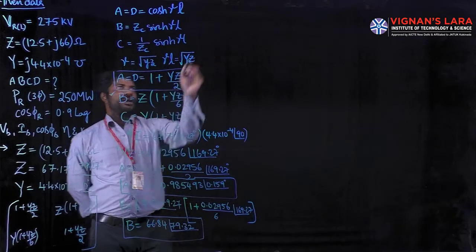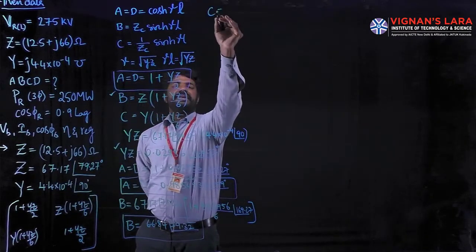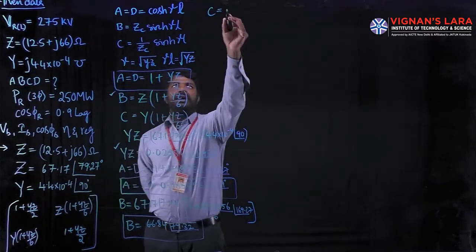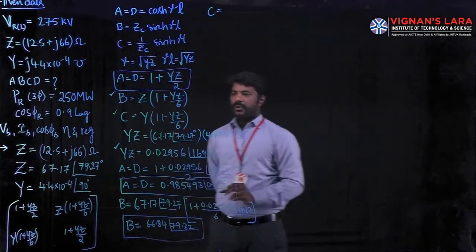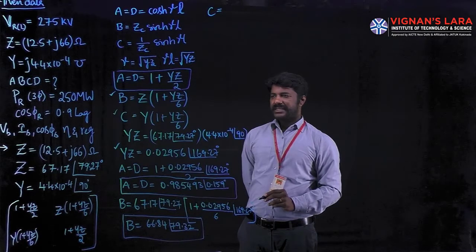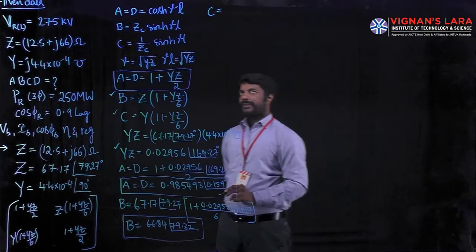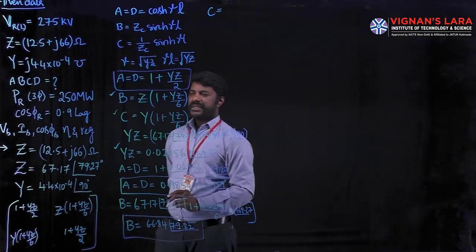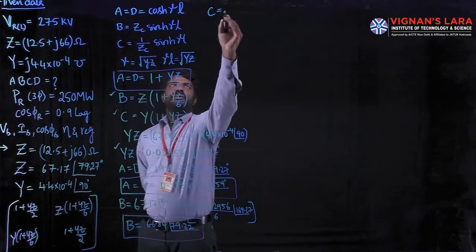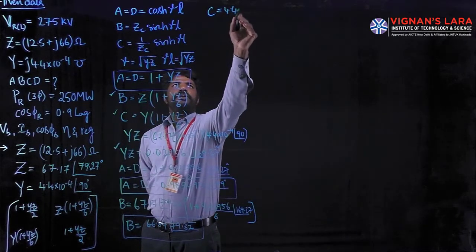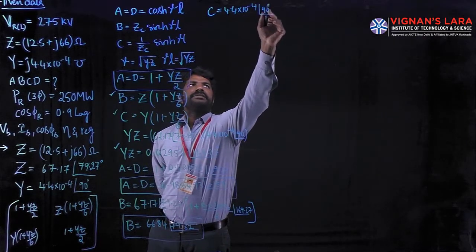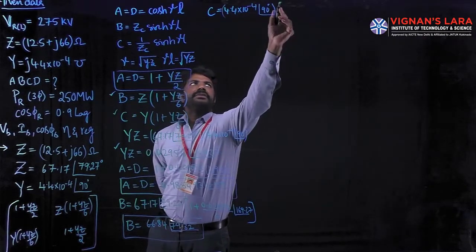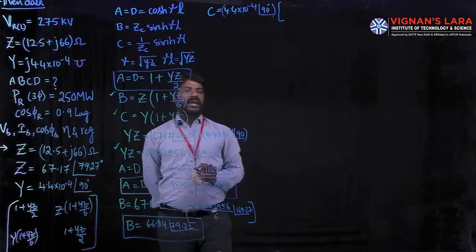Then what is the C constant? The constant C is given by the formula C is equal to Y into 1 plus YZ by 6. Using that formula directly, the Y value is 4.4 into 10 power minus 4, making an angle of 90 degrees, to be multiplied with the fraction available.